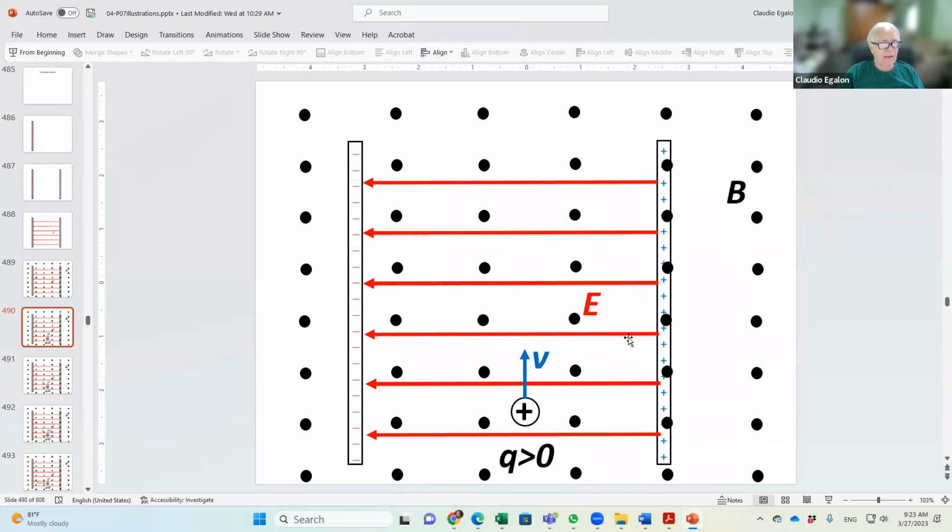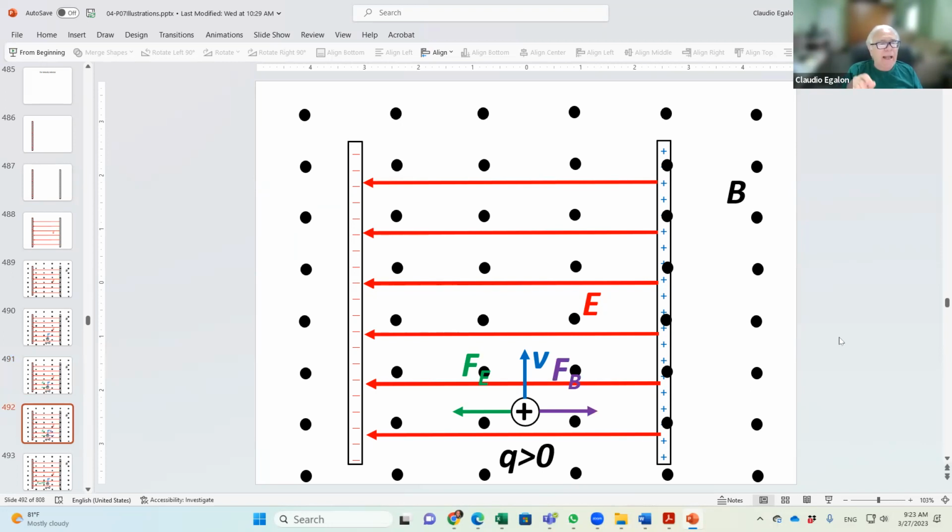We see this uniform electric field. The particle is positive in this case, so it will be subjected to an electric force to the left. Those negative charges are going to attract this positive charge. But also, because this particle is subject to a magnetic field, V cross B is going to result in a magnetic force to the right.